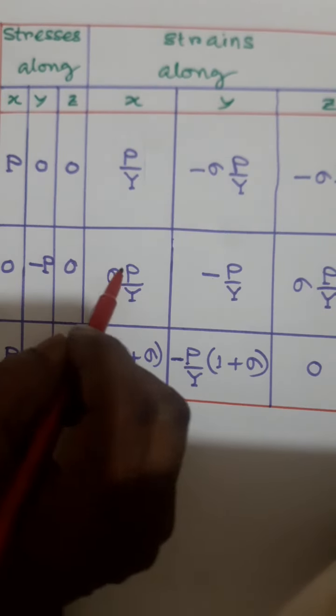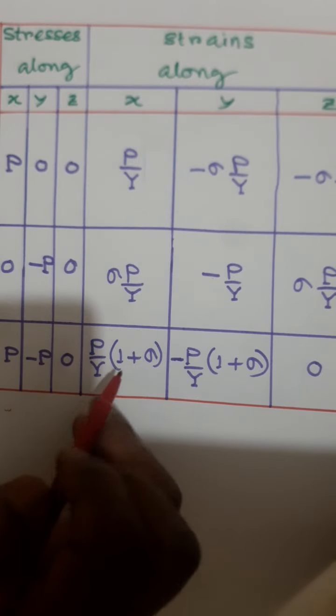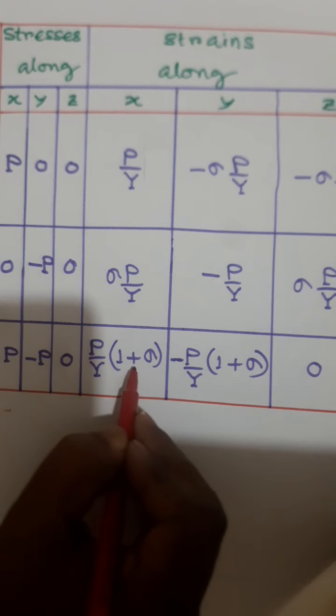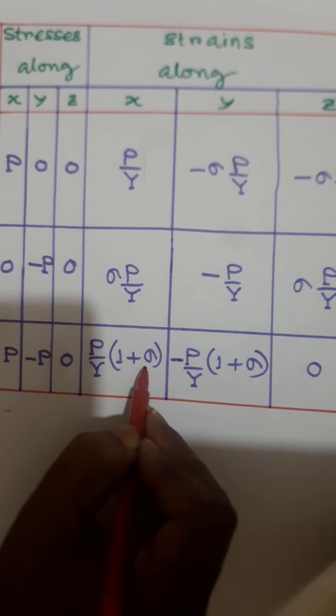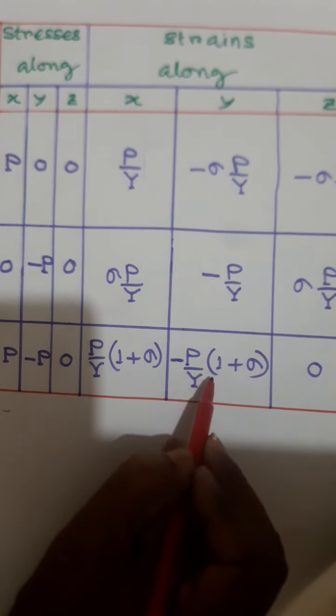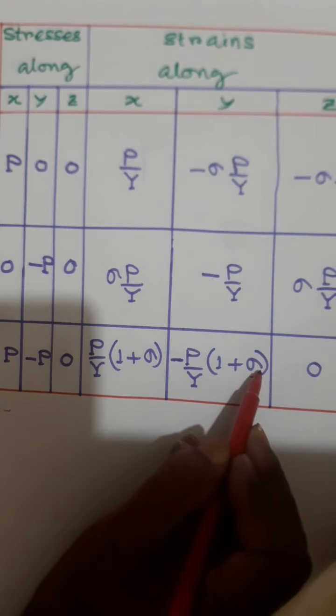It makes a shear stress P, an extensional strain P by Y into 1 plus sigma and a perpendicular contractional strain minus P by Y into 1 plus sigma.